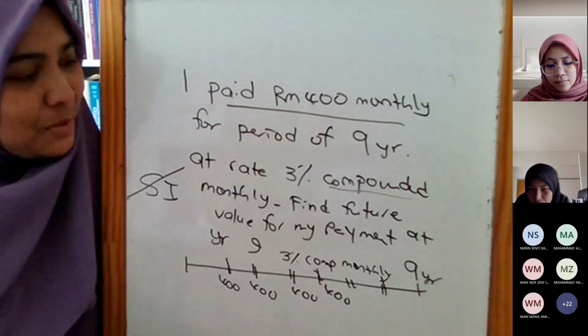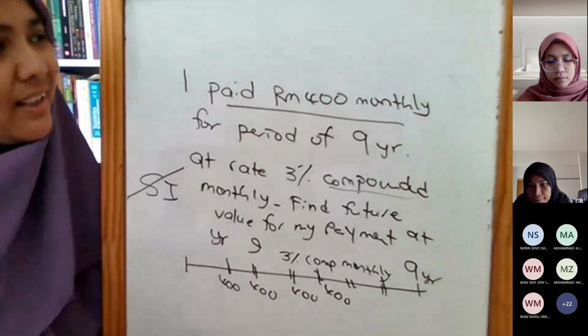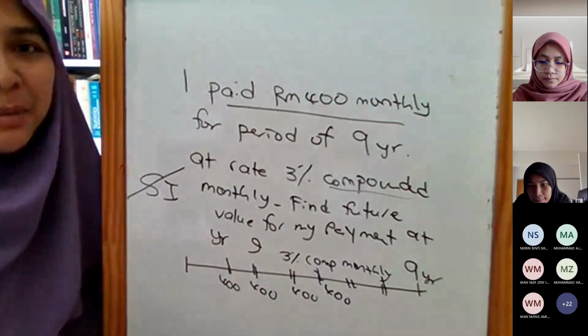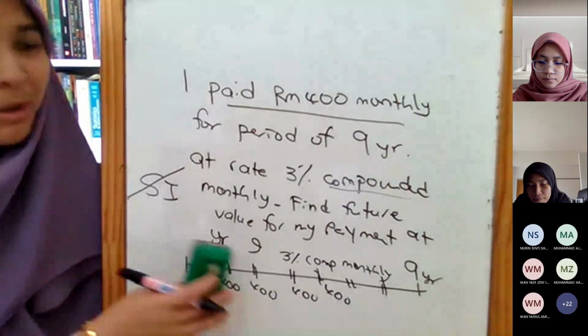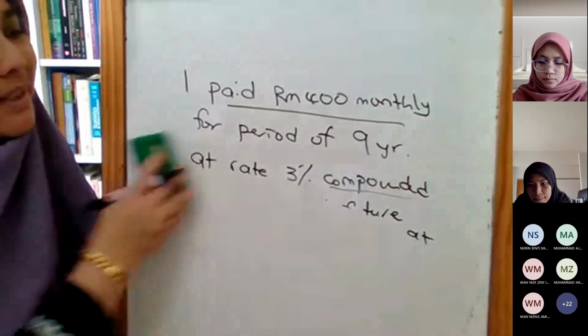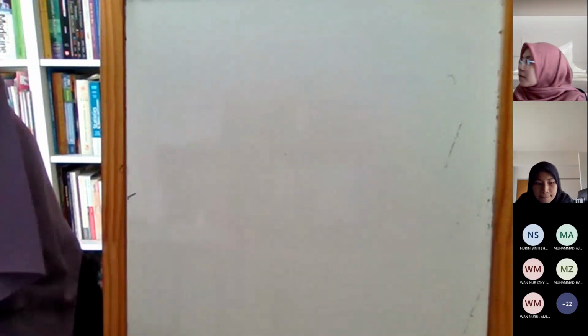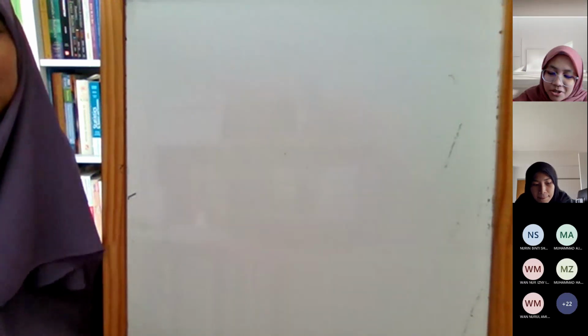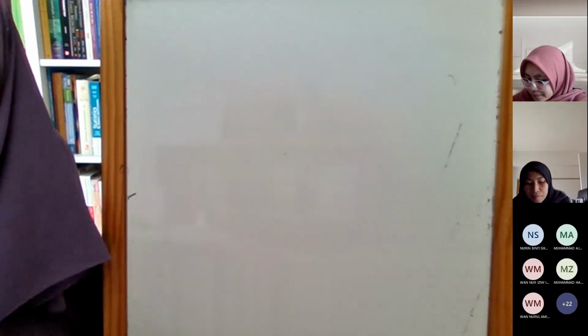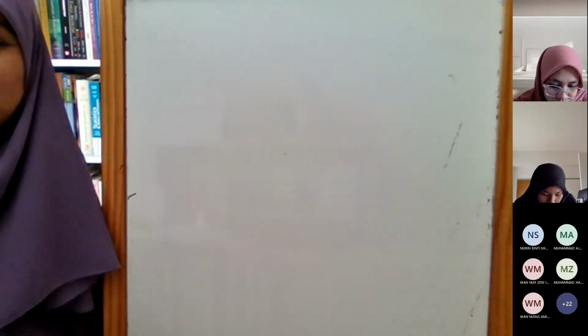And yes, it is not an issue for one question to have two things: annuity and compounding, or annuity and simple. That's fine. You just need to be clear which calculation to use first. Alright? So if there are no issues on the definition, let us look at what happens manually when you have the problem of annuity.